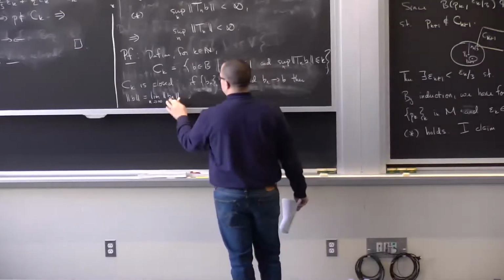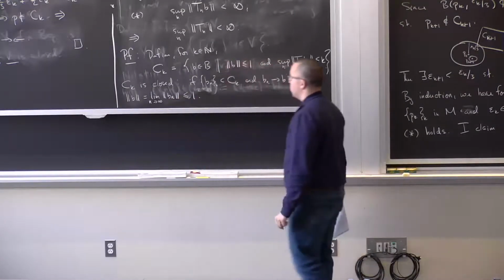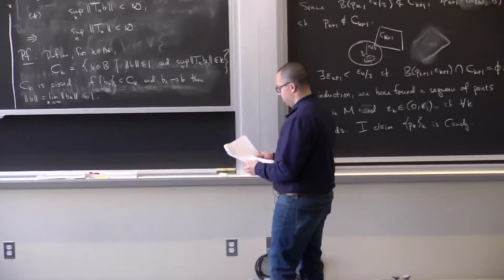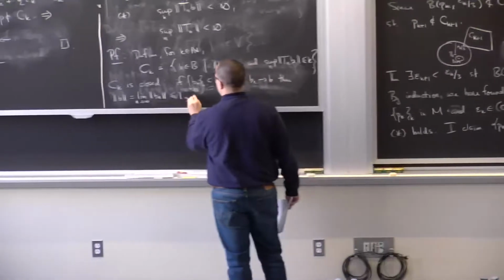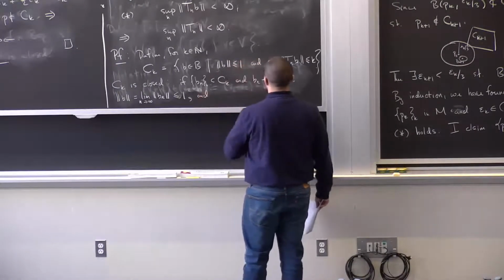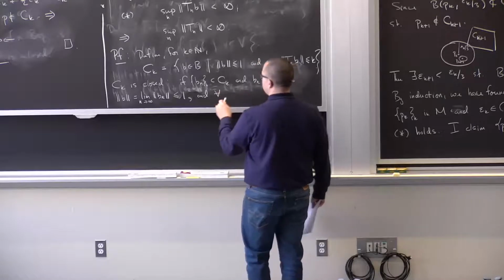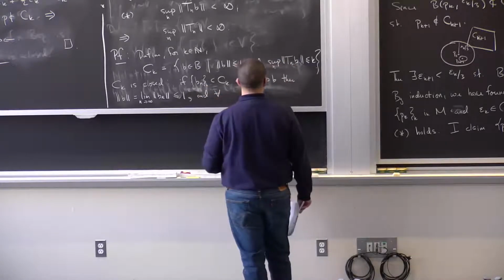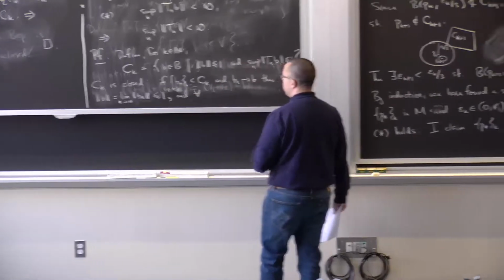And each of these is less than or equal to 1, so the limit has to be less than or equal to 1. Okay? And so, I have the T n's and the b n, so let me use m.